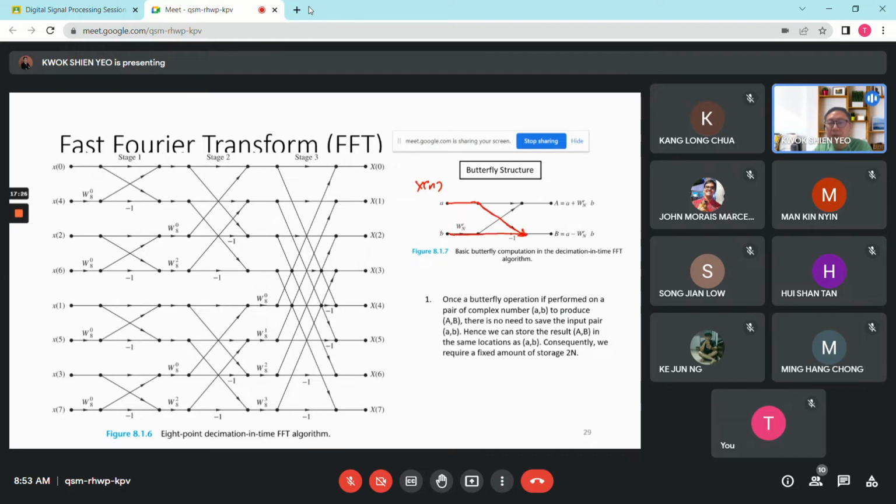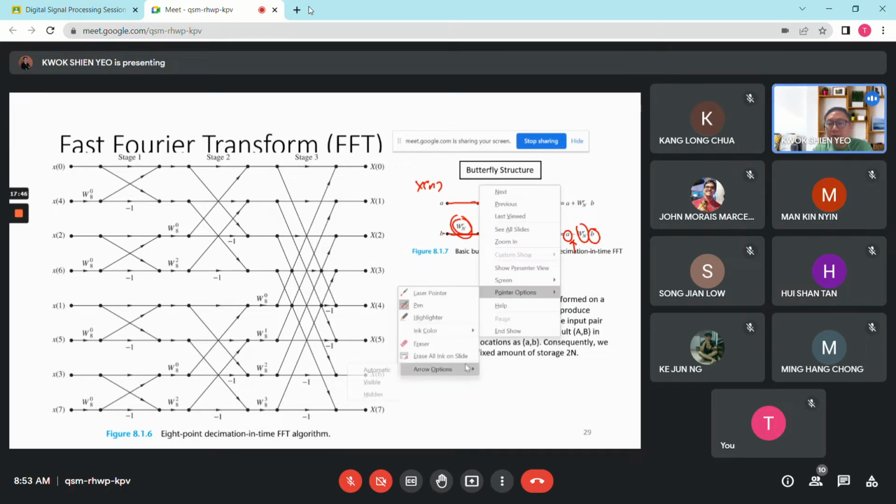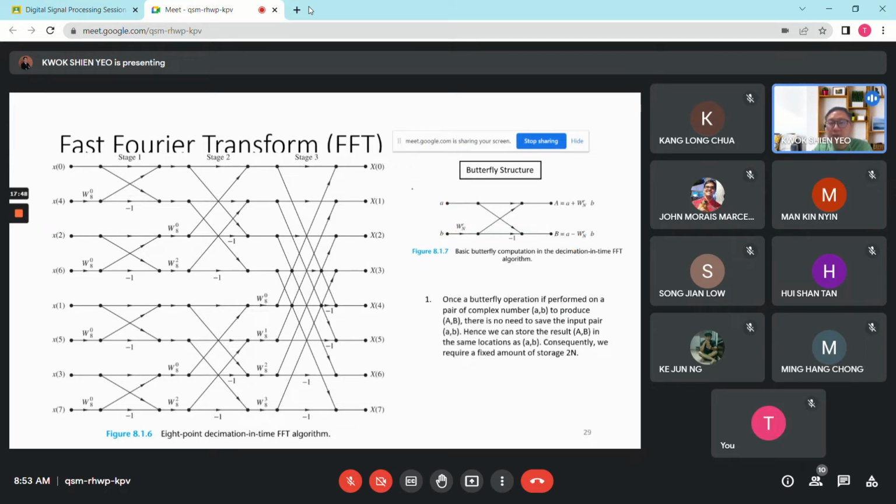So b is multiplied by wn power of r, and then you have a minus 1 here, so there's a negative. You merge together, then you add, meaning a minus wn multiplied by b, right? With this structure, you get the xk. So this xn, you can convert it to xk.